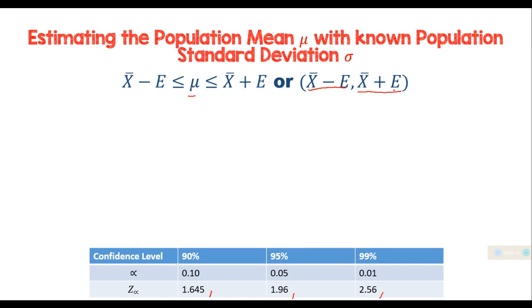Tapos, the upper limit is the sum of the sample mean and the computed margin of error.